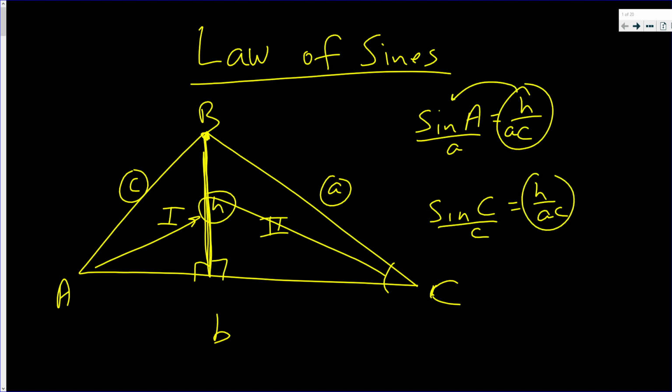Well, if this equals this and it also equals that, then we can conclude that sine A over A is equal to sine C over C.